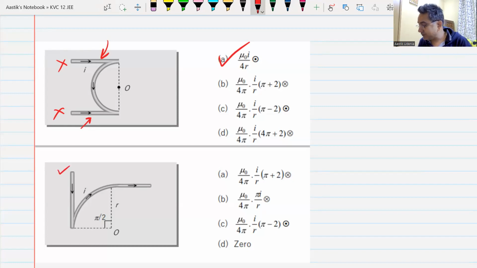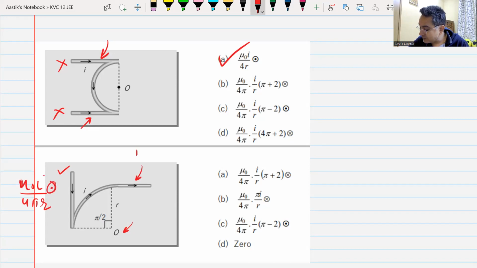Magnetic field due to this wire at this point O will be how much? It will be mu naught I by 4 pi r, yes or no? And the direction would be outside. Well done.